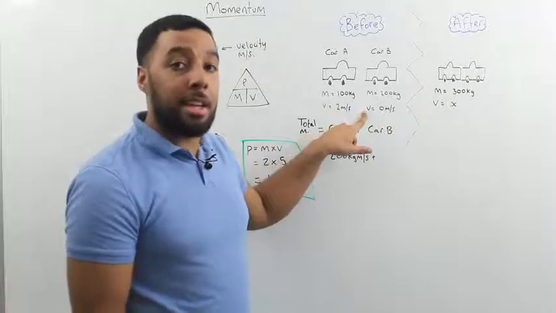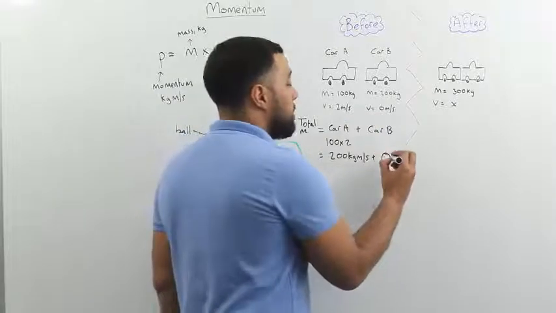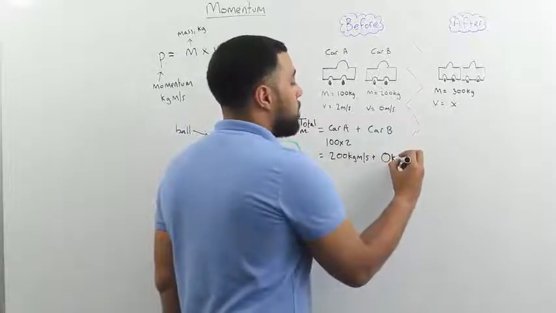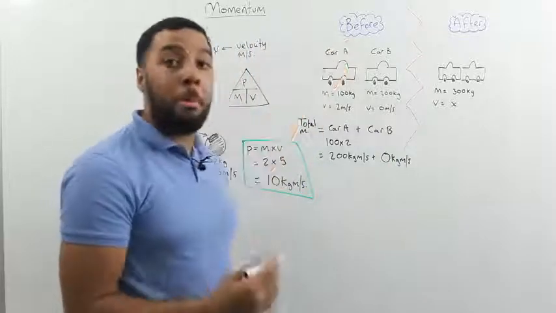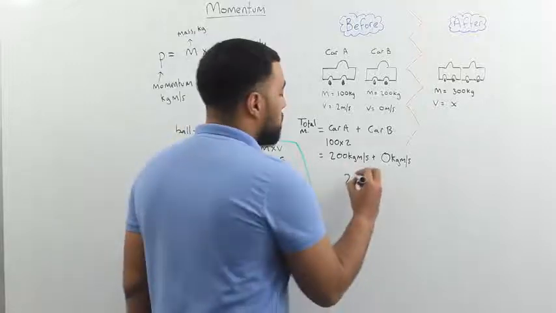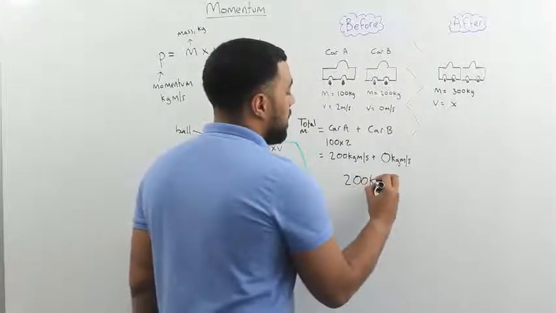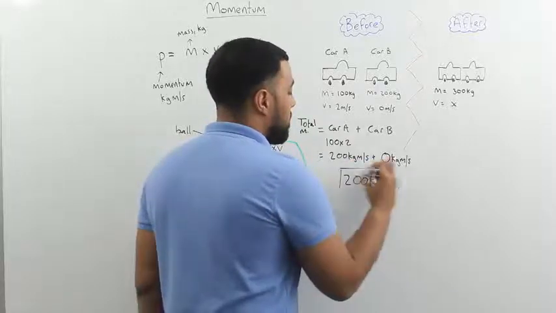If an object's stationary, it will have a velocity of 0, which means its momentum will also be 0. So the total momentum before the collision was 200 kilogram meters per second.